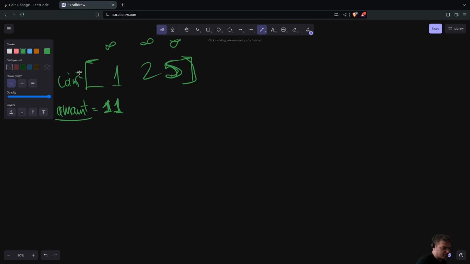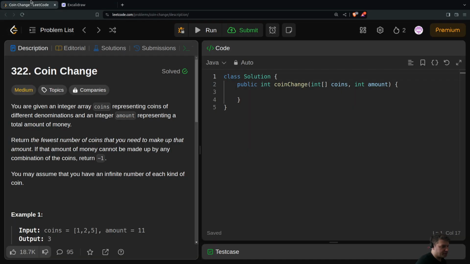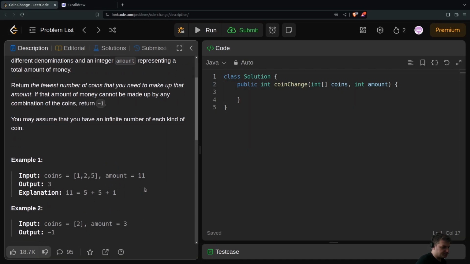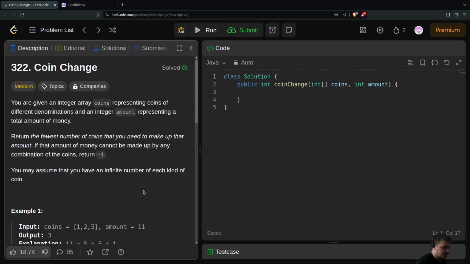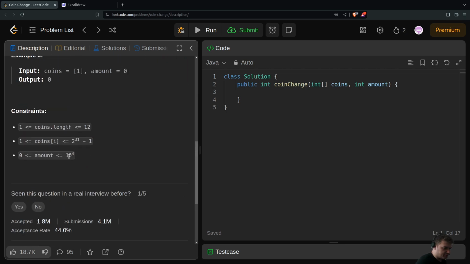You need to figure out what combination of coins you can give back to the customer so it adds up to the amount, and it's the fewest number of coins you want to give them. The number of coins is less than 12.